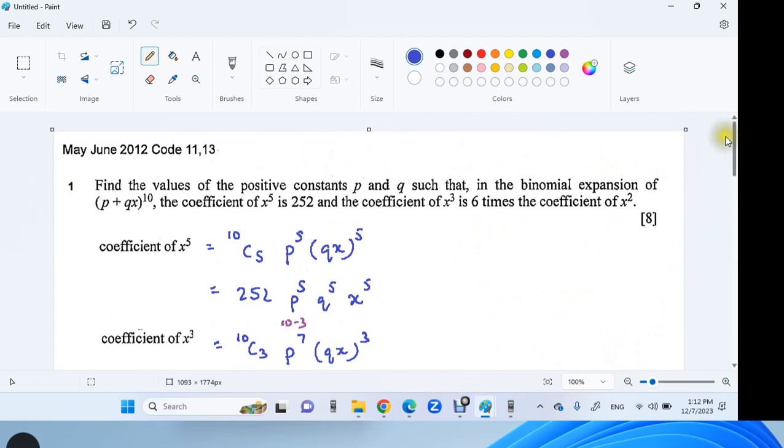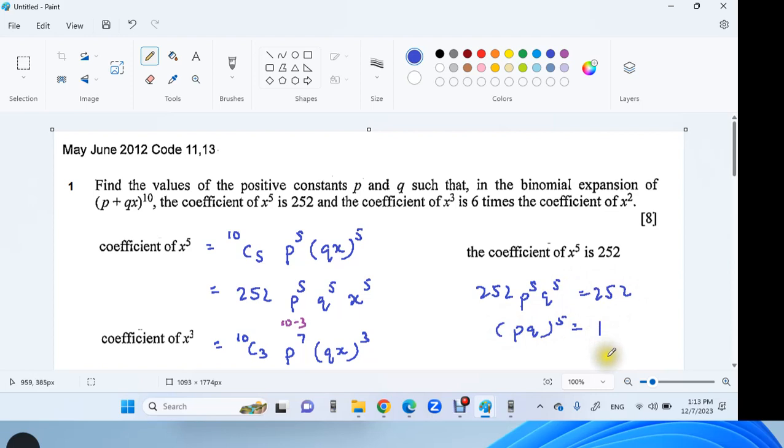Just now, it said that this one is equal to 252. So the coefficient of x to the power 5 is 252. So we have 252 p to the power 5 q to the power 5 is 252. So we have (pq) to the power 5 is equal to 1, because I divide by 252 on both sides.